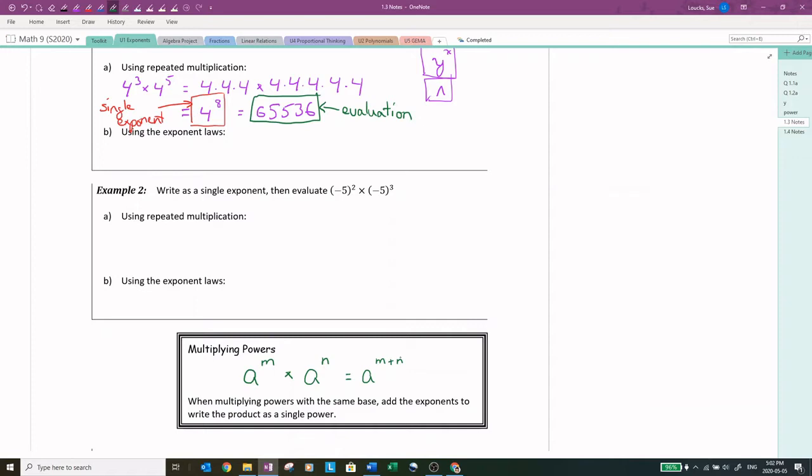If we go back and apply this to our example 1, 4 cubed times 4 to the 5th equals 4 to the 3 plus 5, which is 4 to the 8, the same thing we got before, thankfully. And that still equals 65,536. That's a pretty easy rule, and it makes sense, right? I always want the rules to make sense to you.